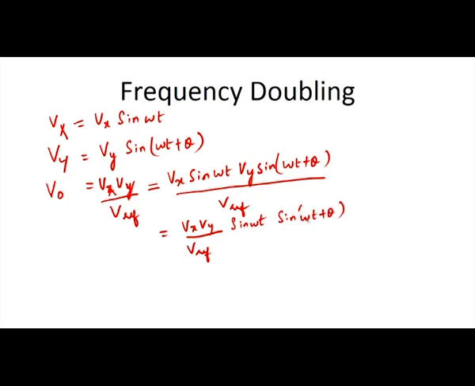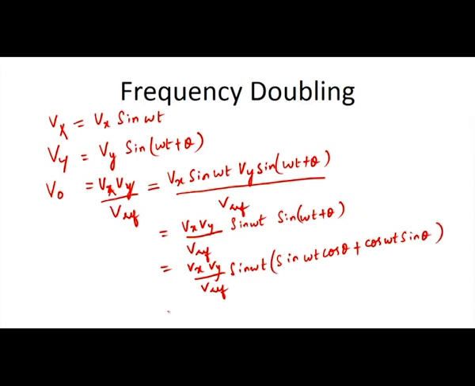into sin(omega t plus theta). If you substitute the trigonometric equation, this is in the form of sin(a plus b). For sin(a plus b), it is sin a cos b plus cos a sin b.